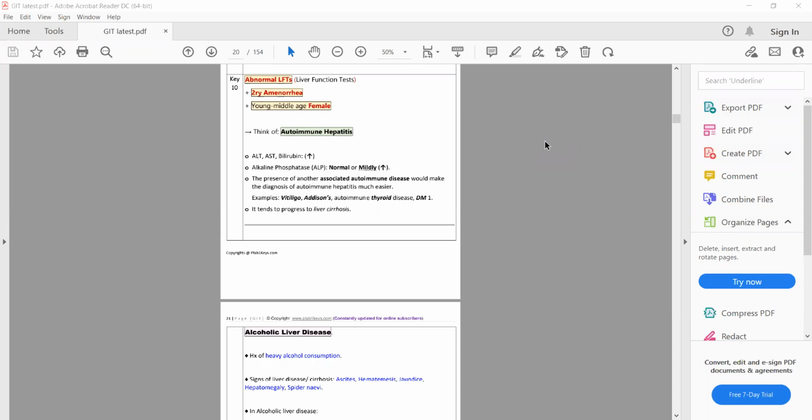When to suspect autoimmune hepatitis: if a young or middle-aged female presents to you with abnormal LFTs and secondary amenorrhea, you will think of autoimmune hepatitis.